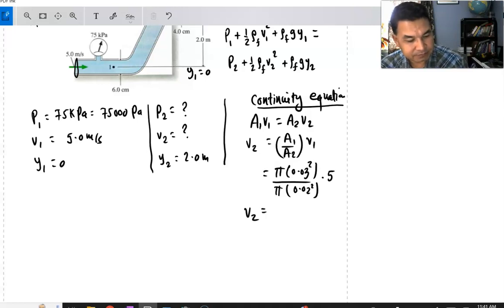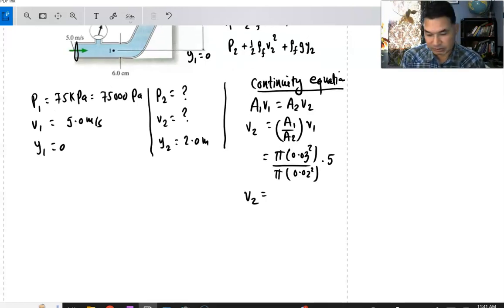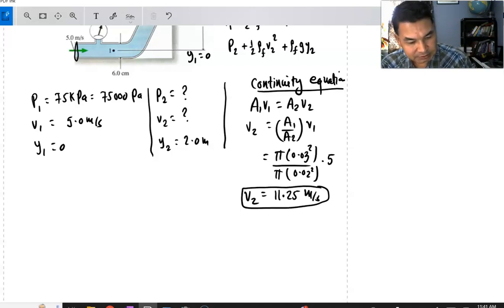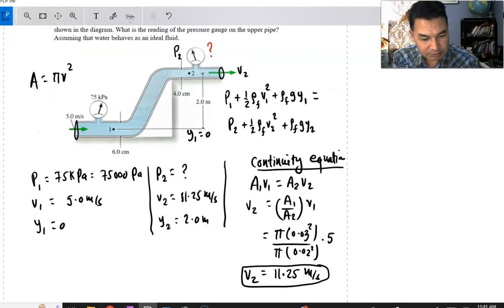That's going to give me V2, the velocity of the fluid at section number 2. I don't have the number ready, so times 5, it's going to give me 11.25 meters per second. Let's list it here: 11.25 meters per second is the velocity of the water at section number 2.